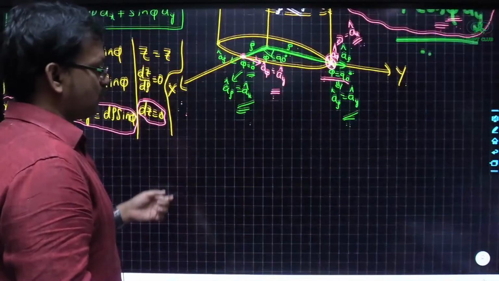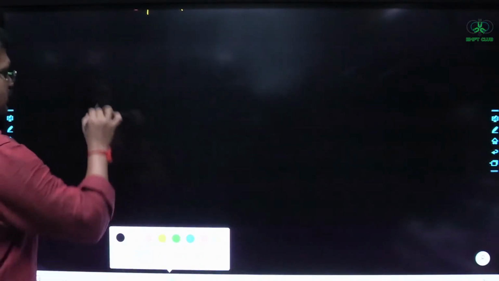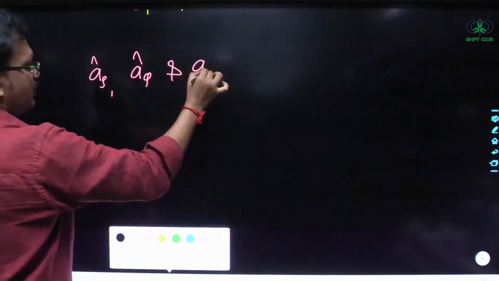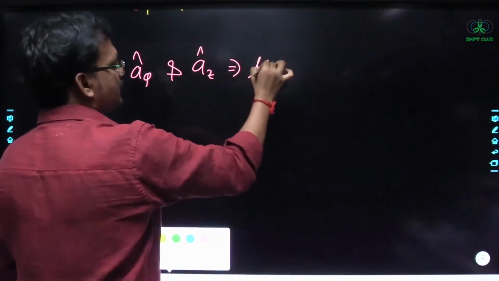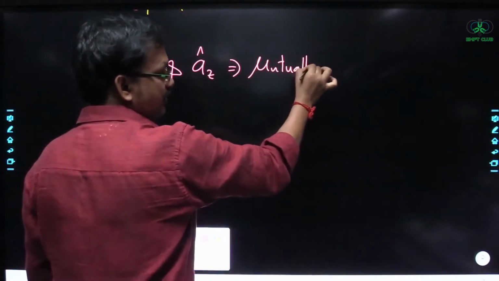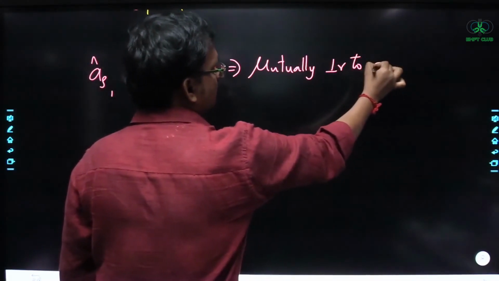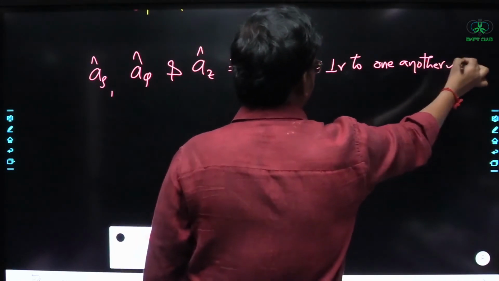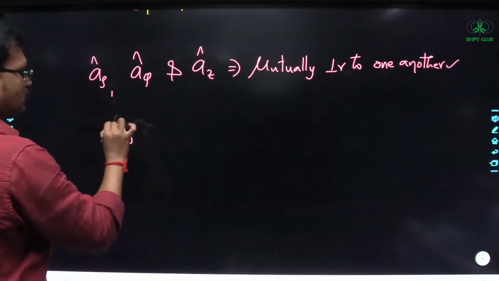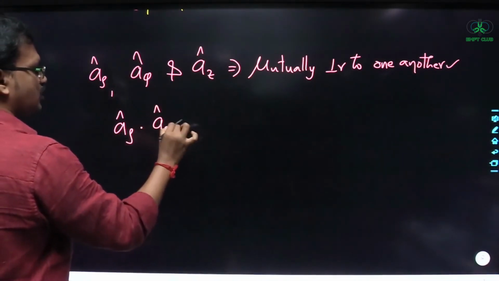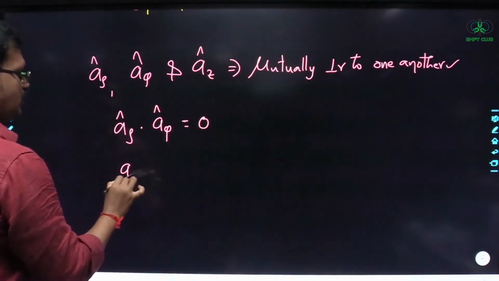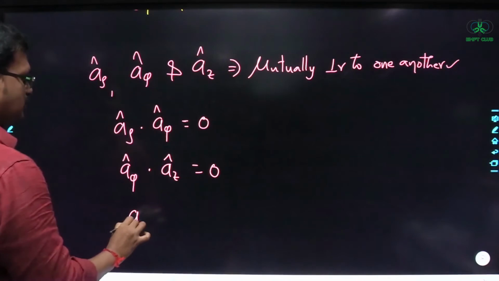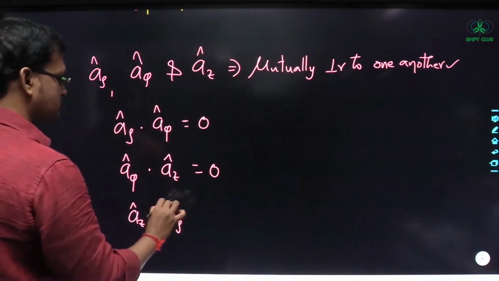If you have any doubt here, you can check in this manner. We always know that aero cap, a phi cap and az cap are mutually perpendicular to one another. Which means aero cap dot a phi cap must be equal to 0, a phi cap dot az cap must be equal to 0, and az cap dot aero cap must be equal to 0.